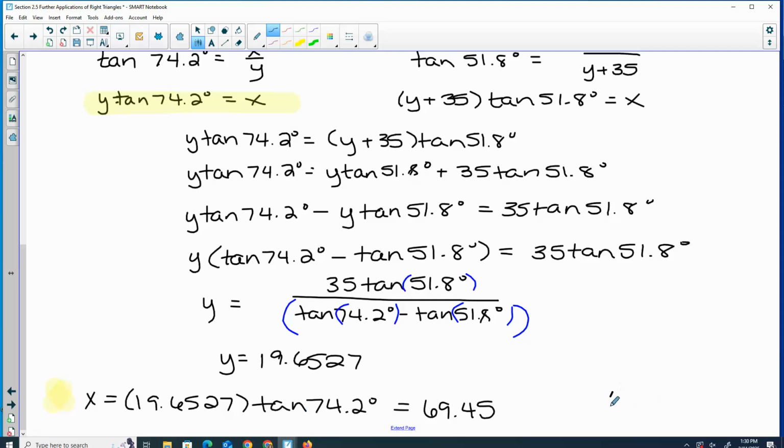So we would say 69 feet. Questions there?